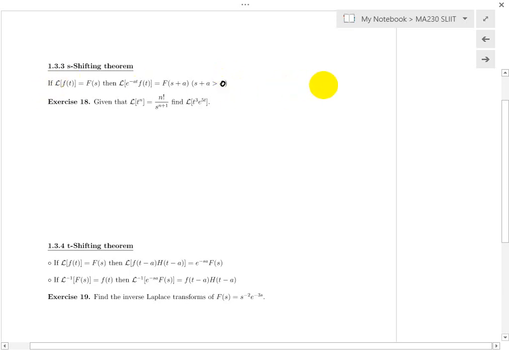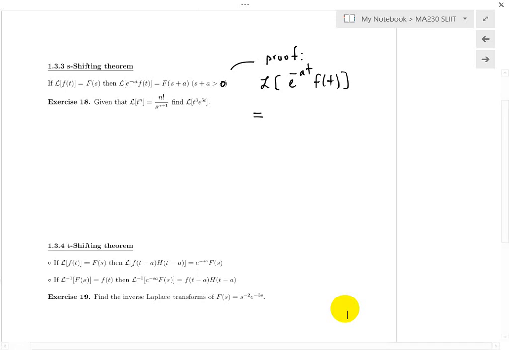For this kind of theorem, mathematically it is not difficult to see. Okay, so kind of a proof. How do you calculate the Laplace transform?